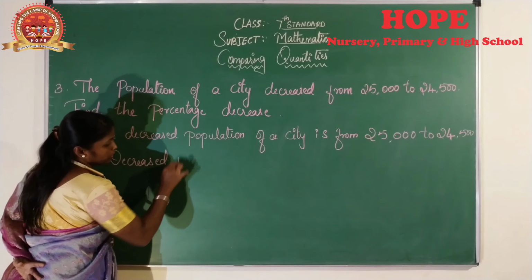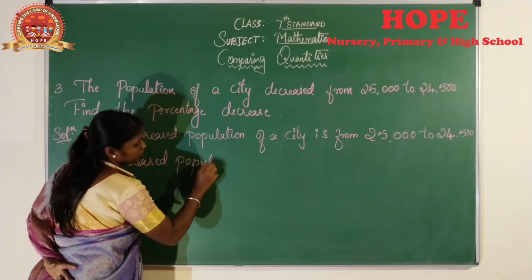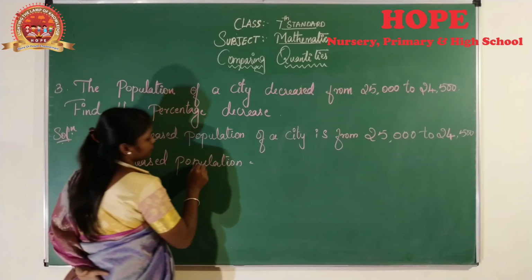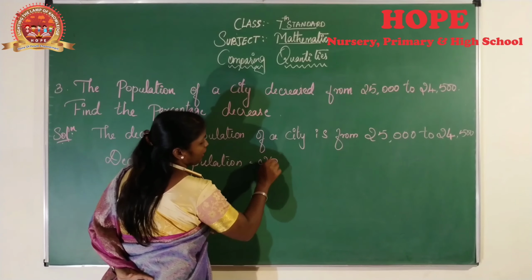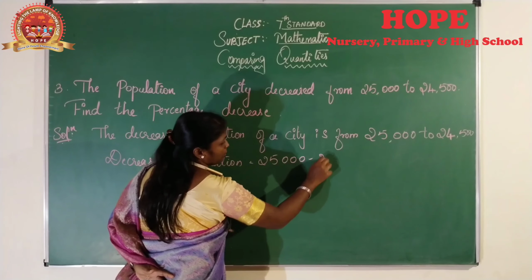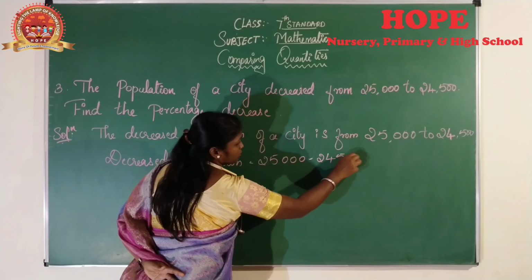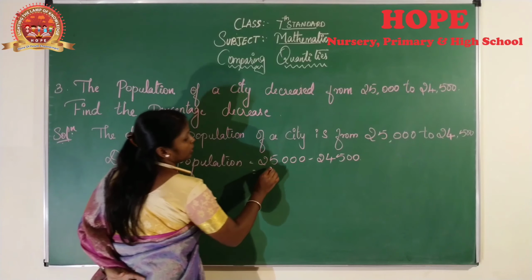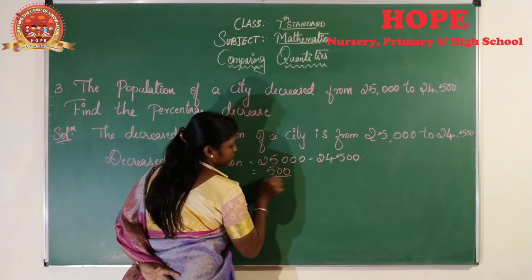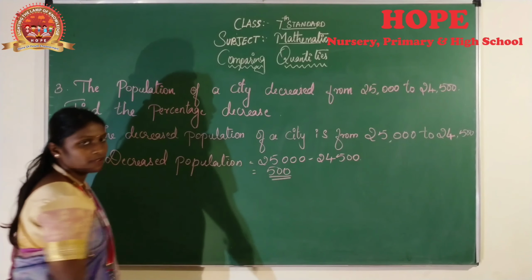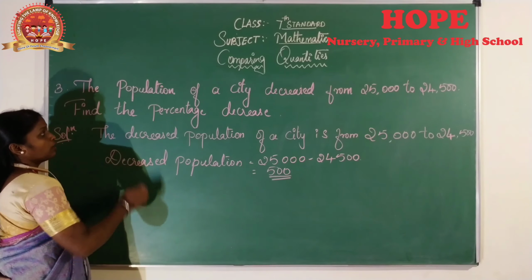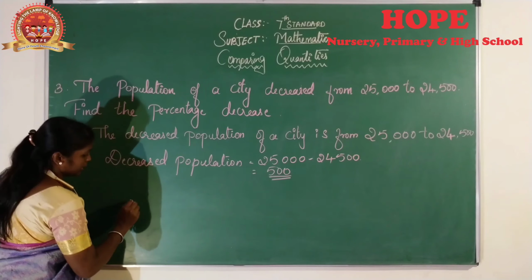The decreased population will be equal to 25,000 minus 24,500, which is equal to 500. So the decreased population is 500. 500 people have decreased. Now next we have to find out the percentage of the decrease.